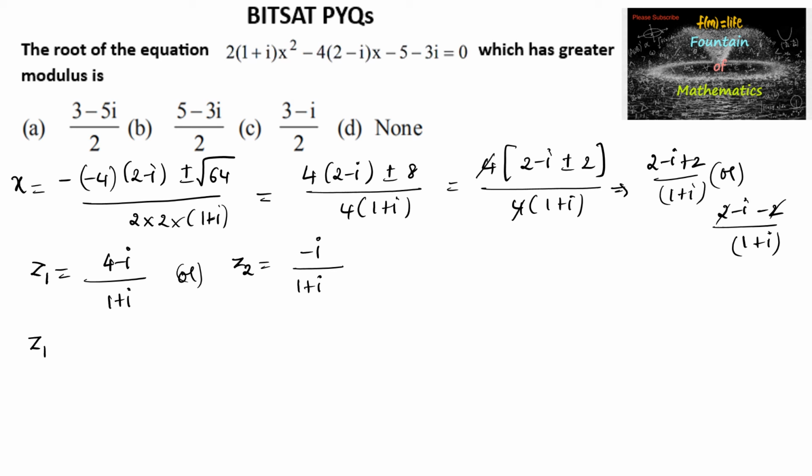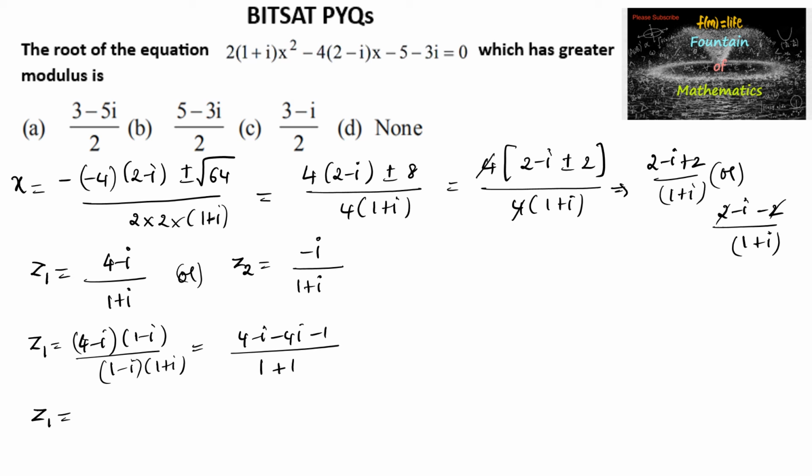Let's simplify this. z1 is equal to (4 − i)/(1 + i). Let's multiply with (1 − i) in the numerator and denominator. So we get 4 − i − 4i, and here plus i² is minus 1, divided by (1 + i)(1 − i), which is 1² − i², that is 1 + 1 = 2.